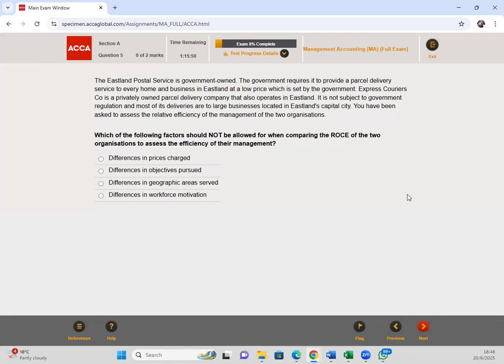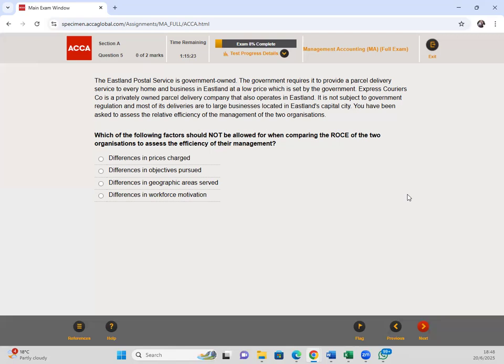Okay, so this one is not controlled by the government. They set their own rules. And most of its deliveries are to large businesses located in Eastland's capital city. You have been asked to assess the relative efficiency of the management of the two organizations.